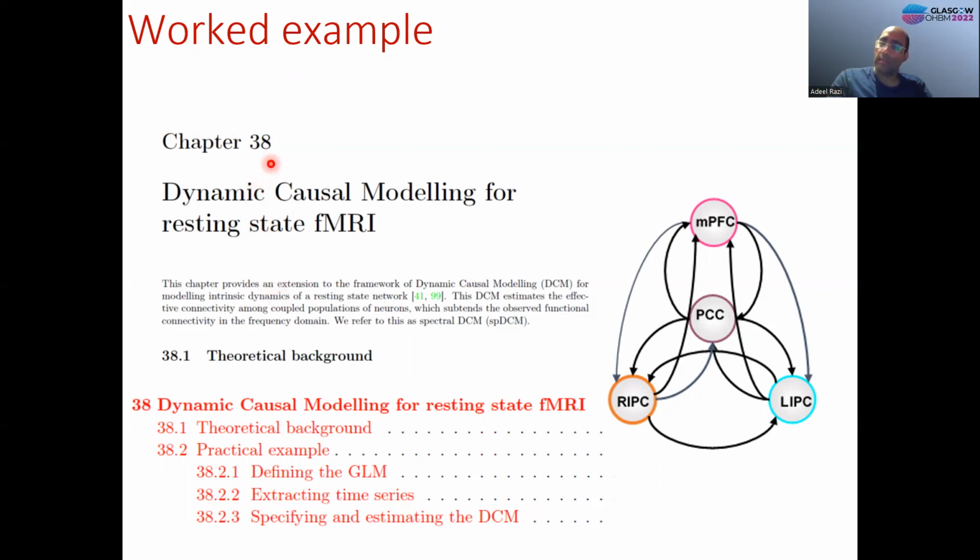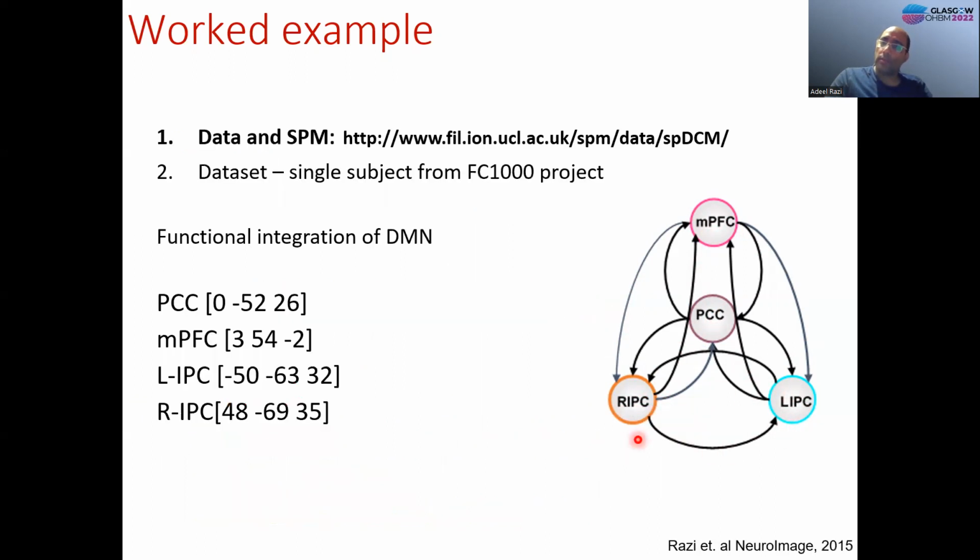It gives you detailed instructions on how to do first level analysis, where you can define, for example, 4 nodes of the default mode network, MPFC, PCC, and bilateral inferior parietal cortices, and then do an analysis using a data set that we have also provided.